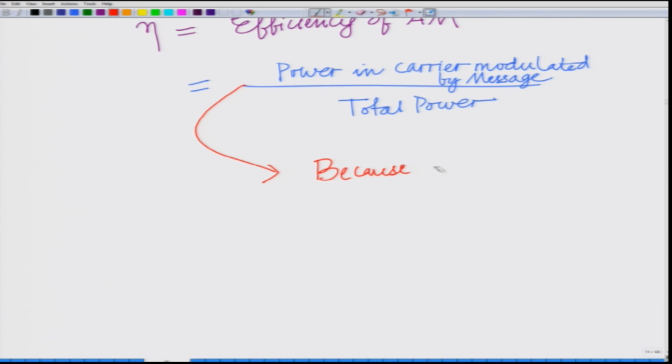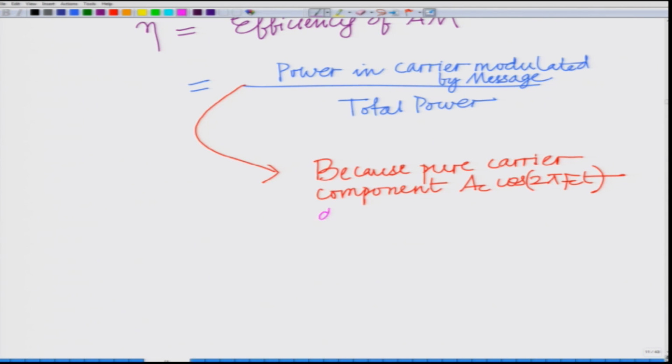the pure carrier component, which is Ac cosine 2 pi fc t, does not convey any information.